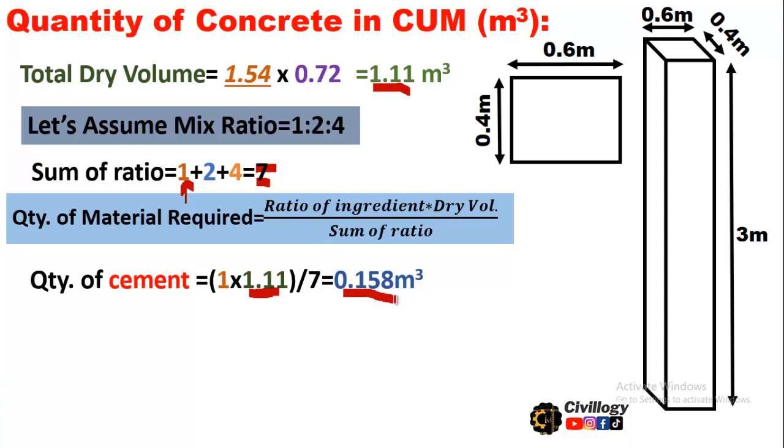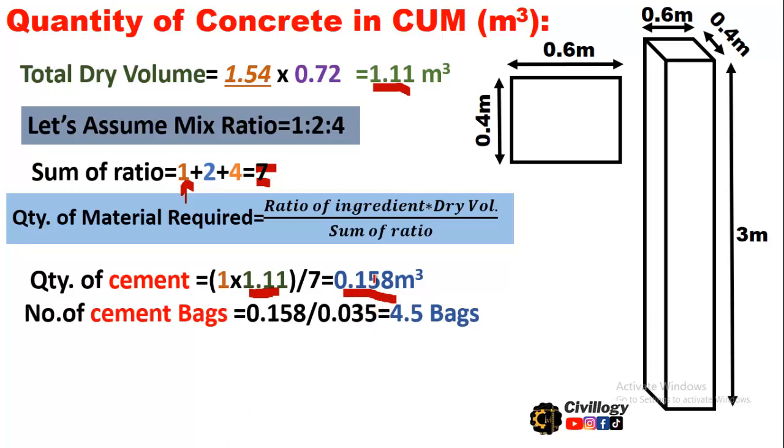Now if you want to calculate the number of bags, divide this value by 0.035. This is the volume of one cement bag. It is equal to 1.25 cubic feet, and in cubic meters it is 0.035, the volume of one cement bag. You will get the number of bags, which is 4.5 bags.